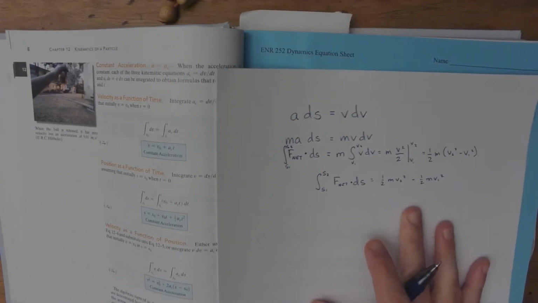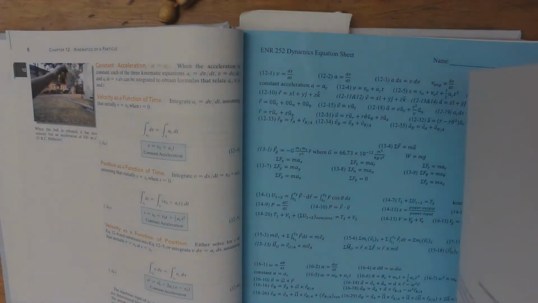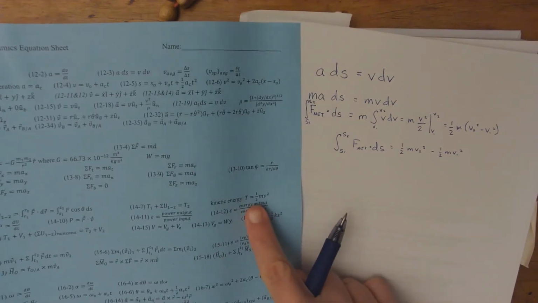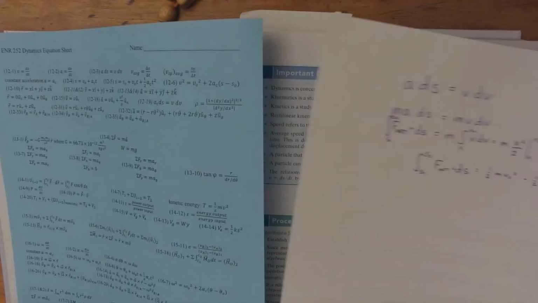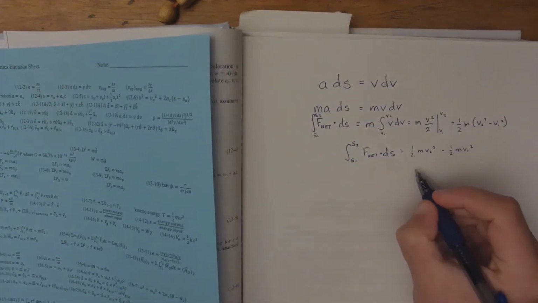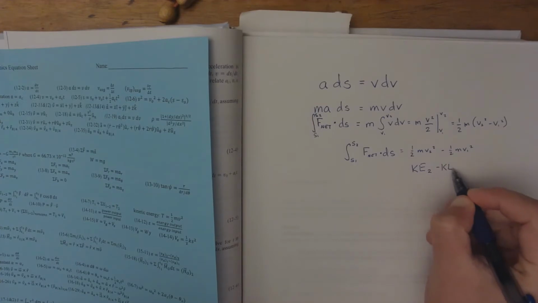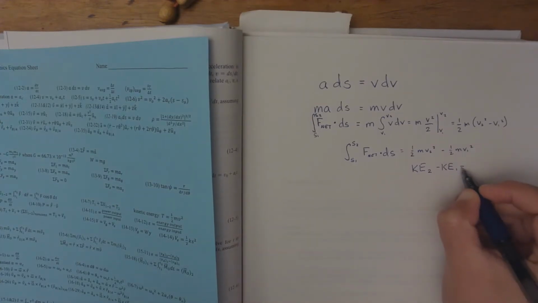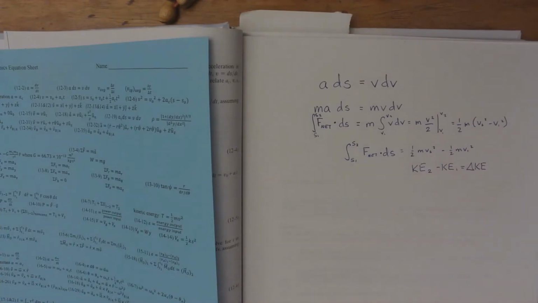But, as you may remember, 1/2 times the mass times the velocity squared is our kinetic energy, which we're going to be using a T for in this course, but that's when we get to chapter 14. So for today, let's just call it KE2 minus KE1, or we could call that delta KE.